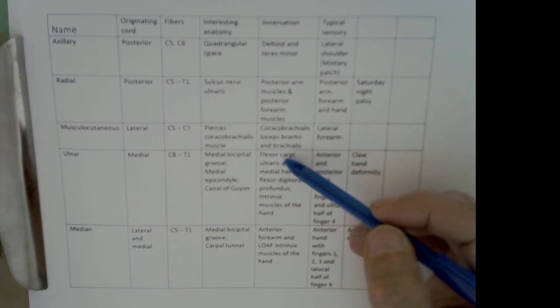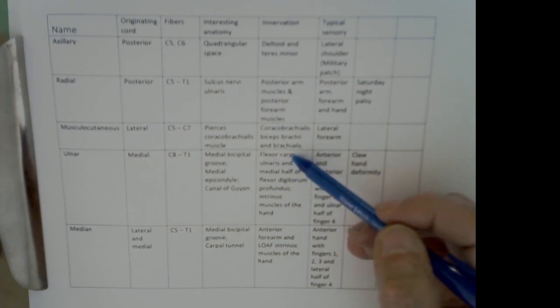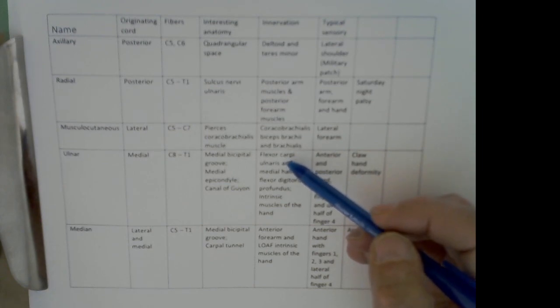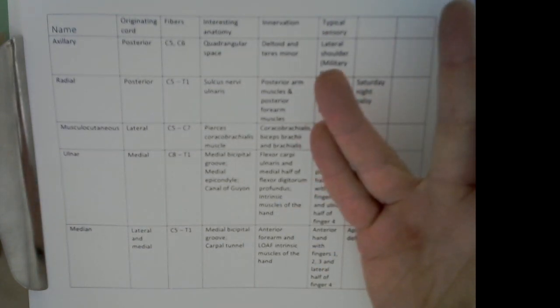This nerve is not too generous when it comes to innervation of forearm muscles. We have 1.5 muscles innervated by it. That is flexor carpi ulnaris and the medial half of flexor digitorum profundus. The part of the muscle innervated by the ulnar nerve produces tendons that are going into the ring and little finger.